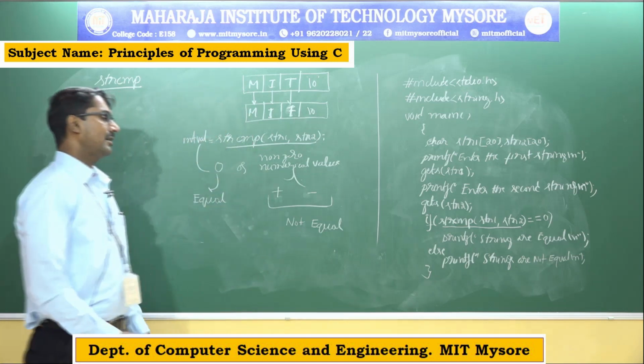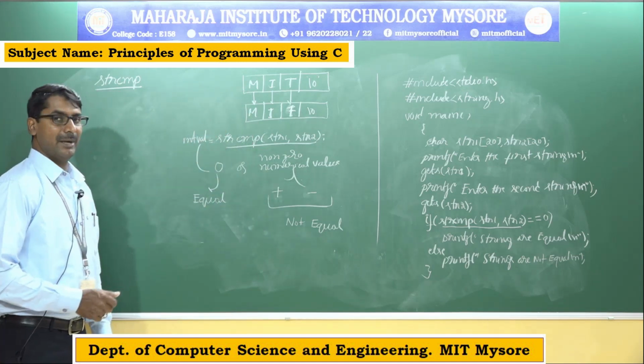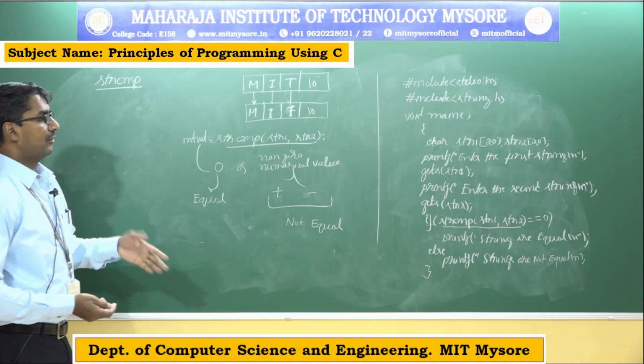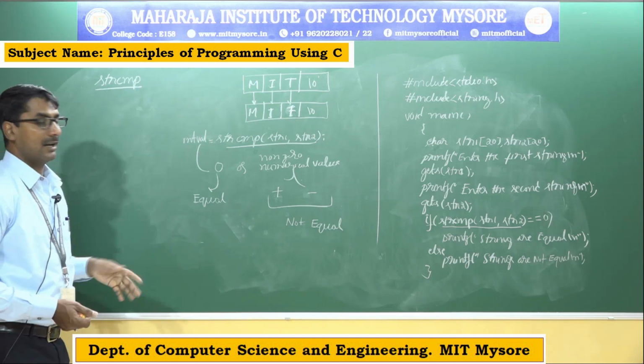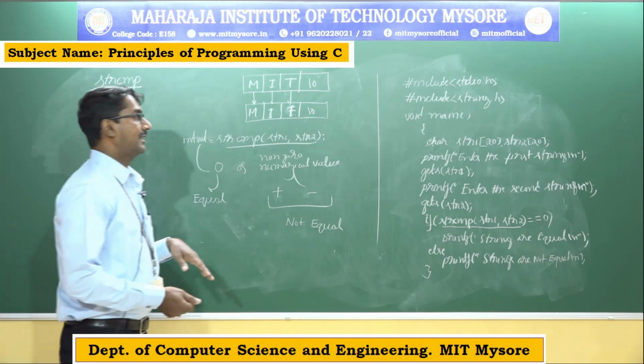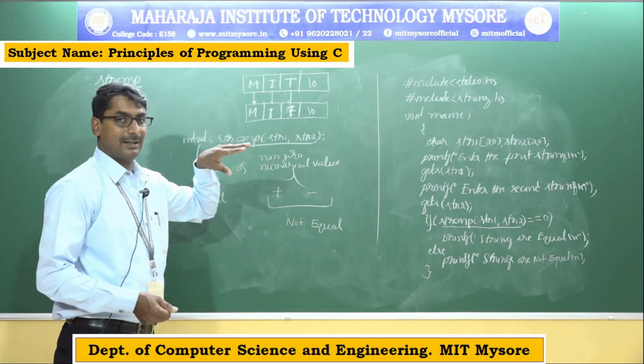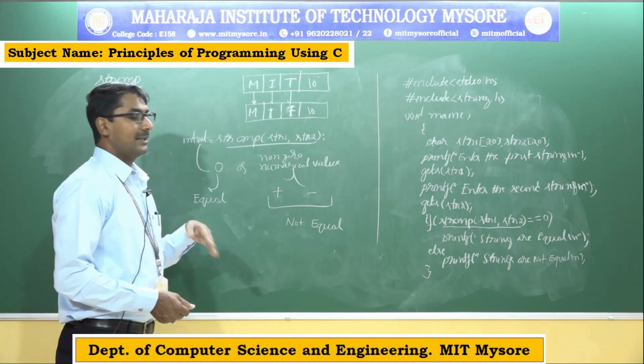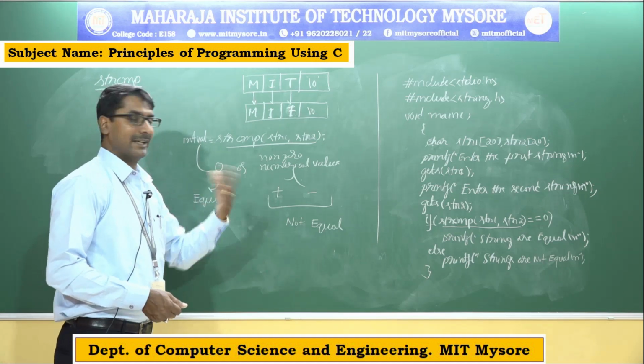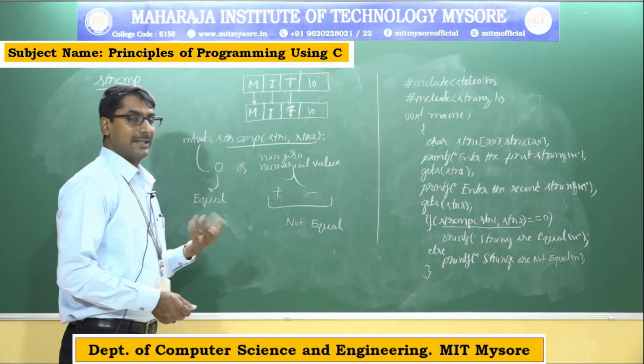So string comparison is done character by character. Before checking whether the strings are equal, first the length condition should be satisfied. If both string lengths are the same, we can move to the next step of comparing the characters.